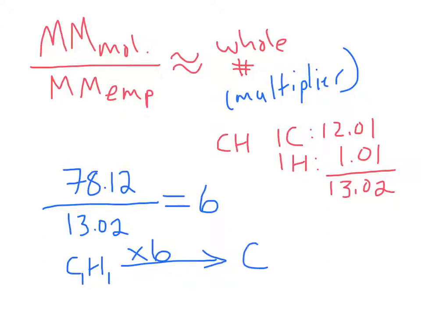So our molecular formula is going to be C6H6, even though it didn't ask what the molecular formula was. And again, the multiplier here was 6, and we use that to come up with a molecular formula from our empirical formula, which was right here.